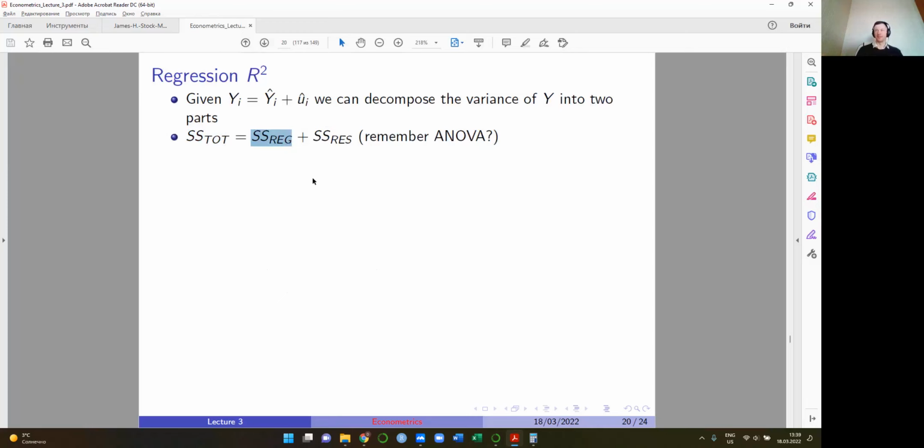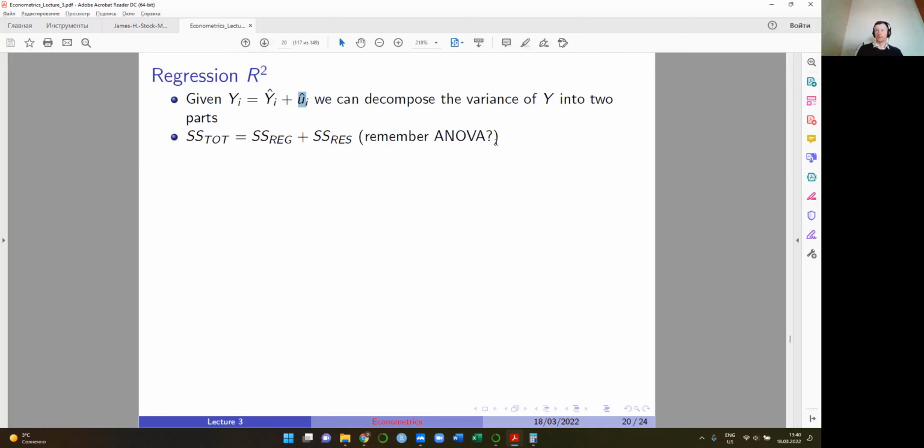The concept is the same, but the names are slightly different. This is the sum of squares for the regression, this part, and the sum of squares for the residuals, this part, or residual sum of squares, or error sum of squares. There are many different terms, so we will stick to the same notation as in the statistics course.